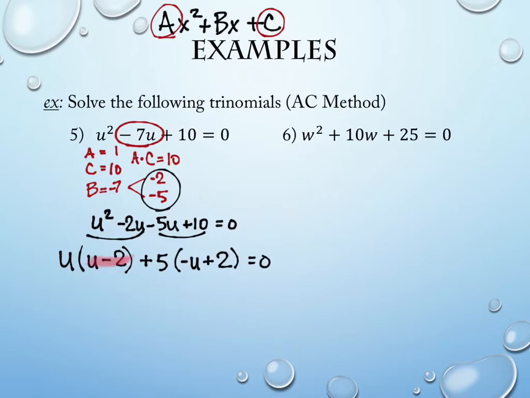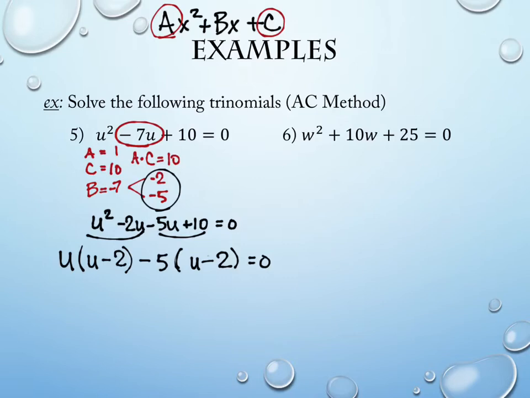The problem is my goal is that I want these two to match. Yeah. And right now they don't. Their signs are backwards. Agreed? So instead of pulling out a positive 5, I would rather it pull out a negative 5 because the negative 5 will change the signs. And it will also now be u minus 2.